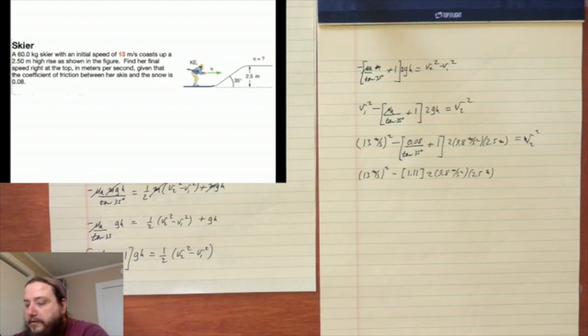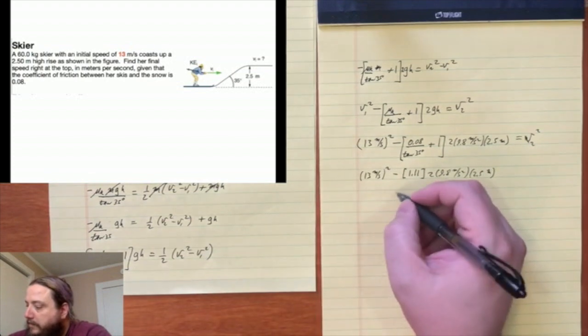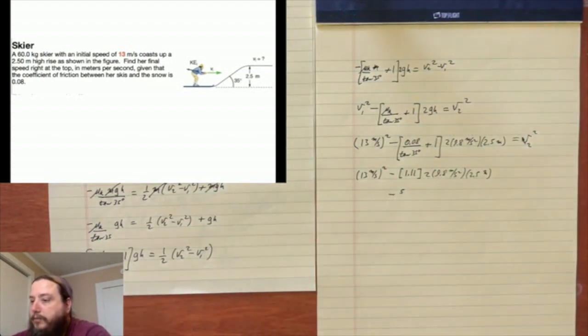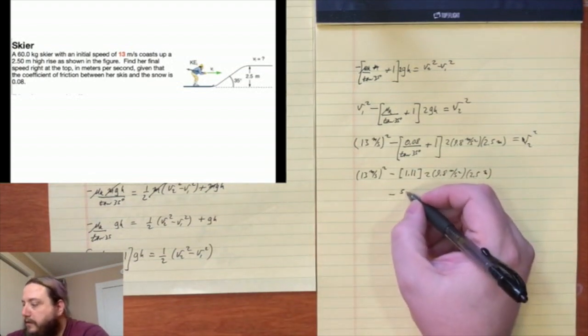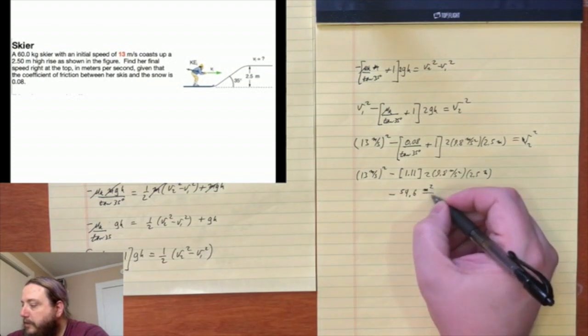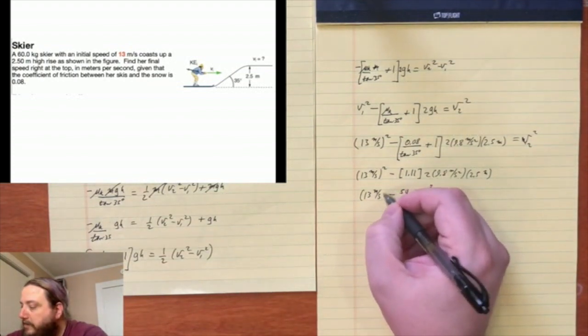So we multiply that by 2, multiply it by 9.8, multiply it by 2.5. So this is minus 54.6 meters squared per second squared.